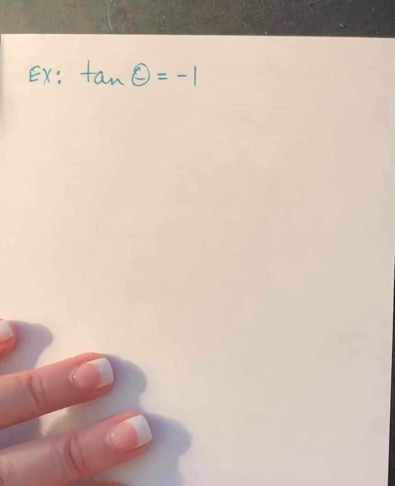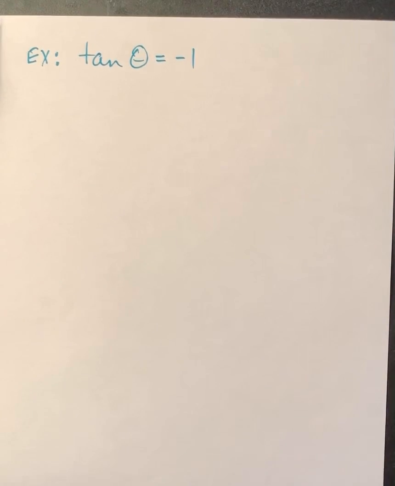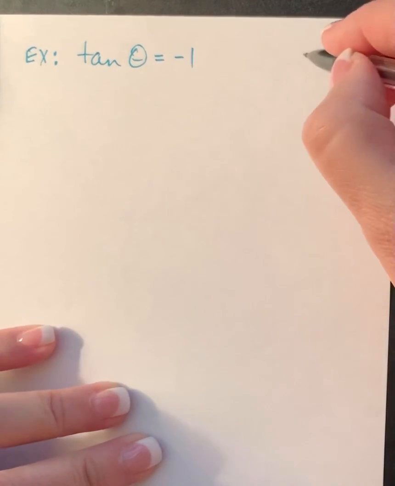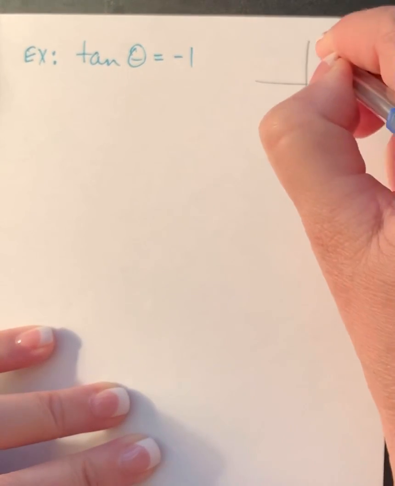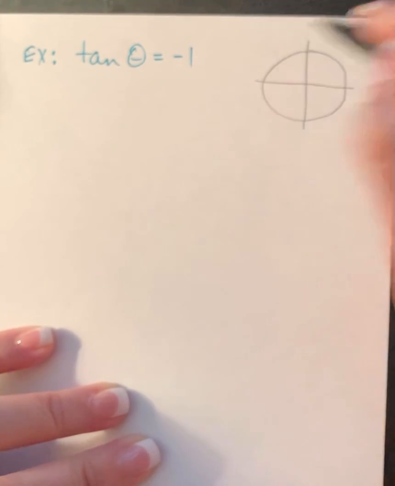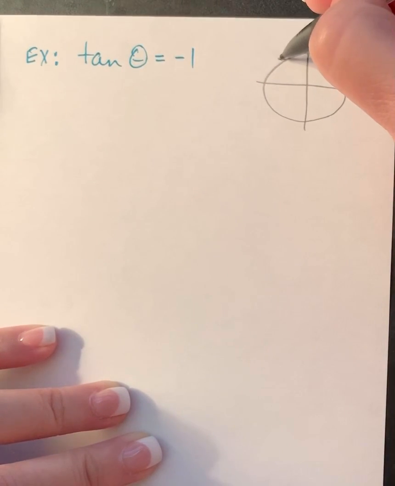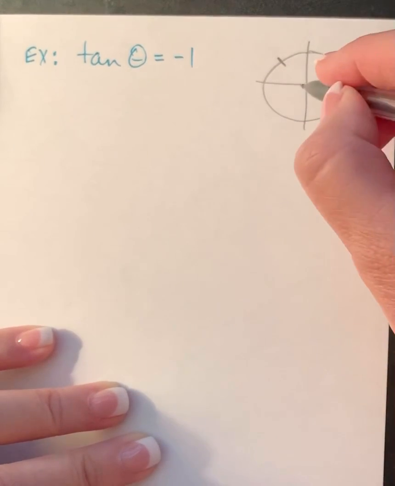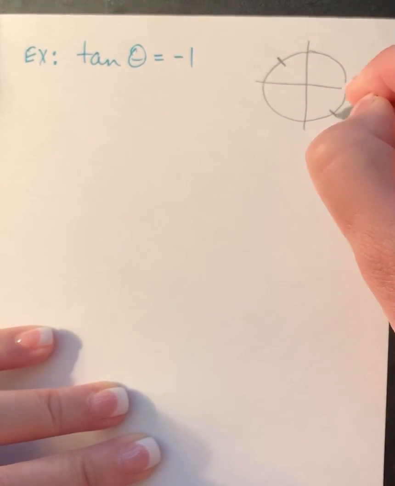Okay, now, some problems have a little bit of a twist to them. The tangent problems do. This one says solve where the tangent of theta is equal to -1. Okay, where is tangent equal to -1? Right in the middle of the second quadrant and right in the middle of the fourth quadrant.